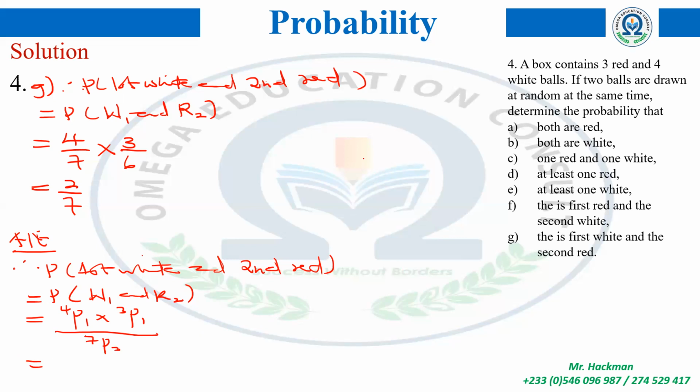Give me the values that your calculators will give you. 4 permutation 1, 3 permutation 1, 7 permutation 2, you said 42, right? Yes. So this also will give us 2/7, 2 over 7.